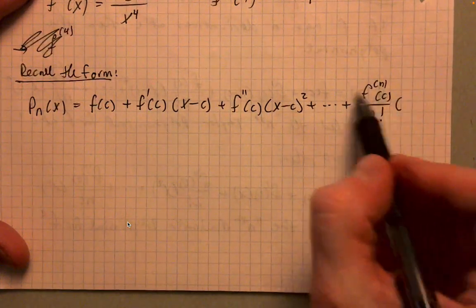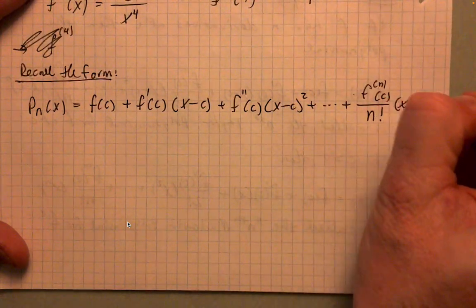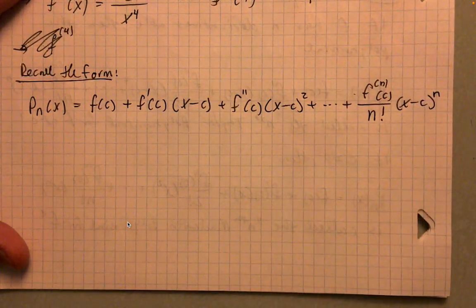This is not f to the n, this is the nth derivative of f, times x minus c to the nth power. All right, so this is the form.